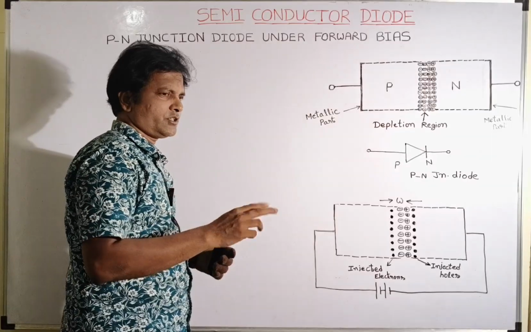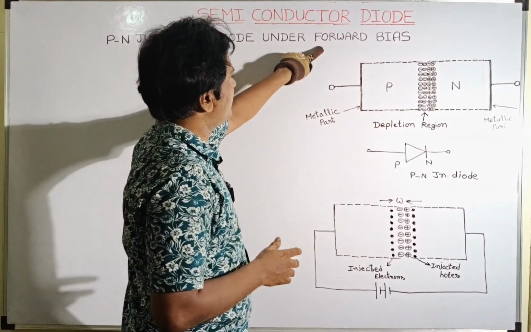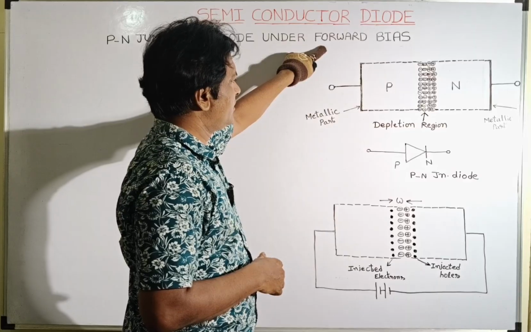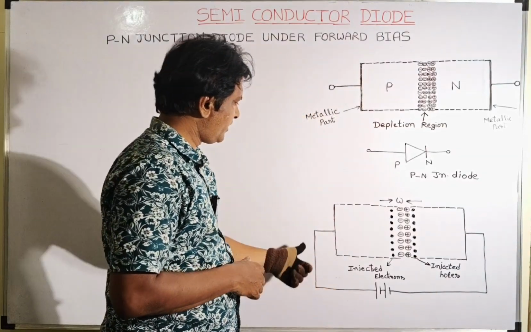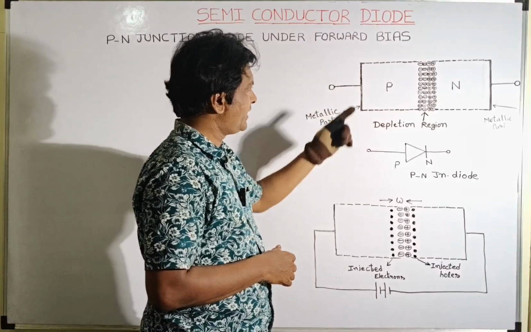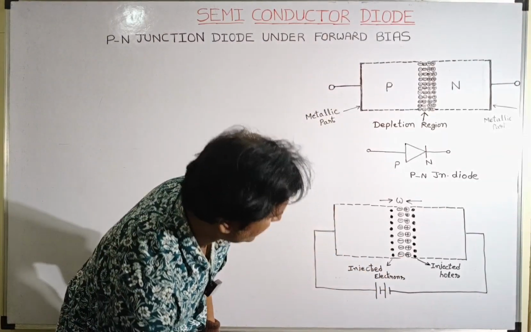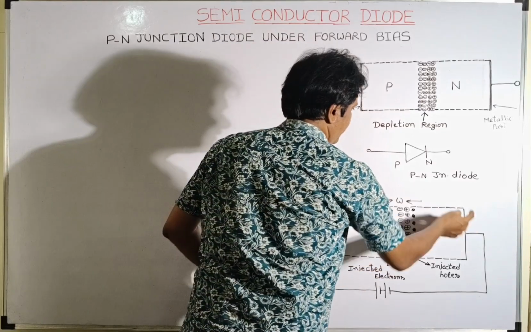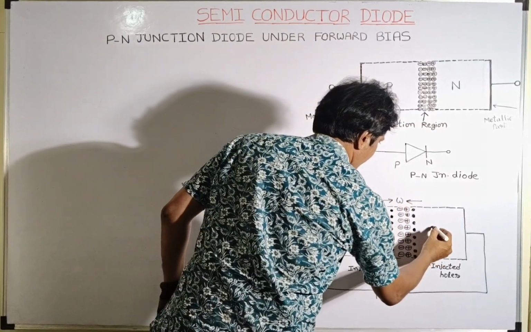So, what is forward biasing? Biasing has two types, forward and backward. Forward biasing means we apply the positive terminal of the battery to p-type material and the negative terminal of the battery to n-type material. So, here I will write p and n.